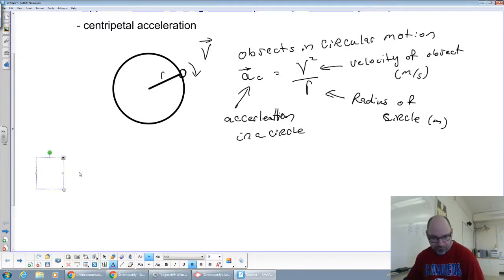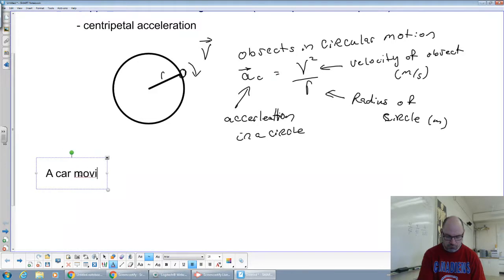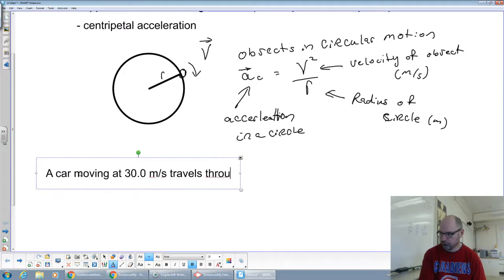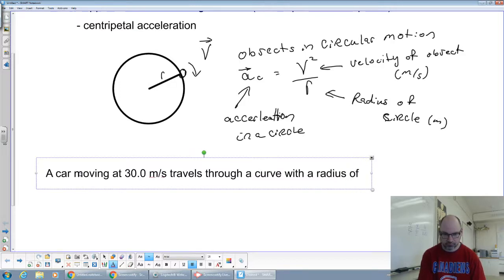Say a car is moving at 30 meters a second and travels through a curve with a radius of 25 meters.